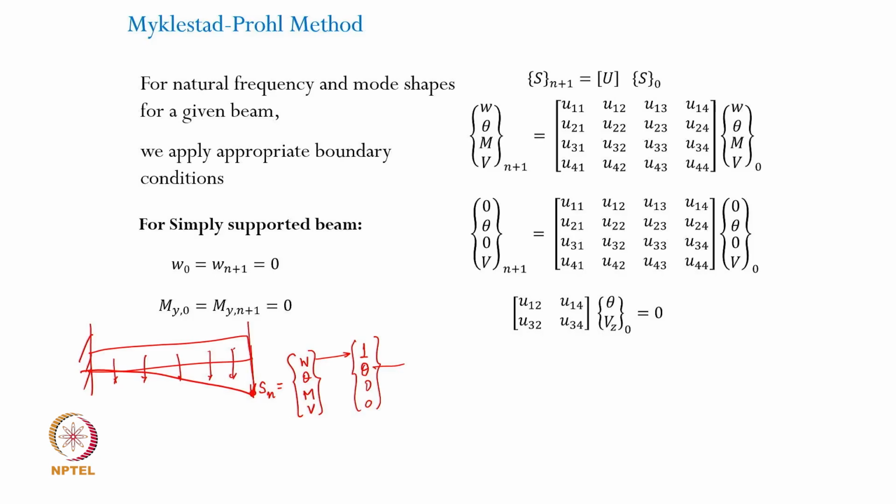So that's what this transfer matrix method is all about, and it gives you a glimpse of how we can use this method for evaluating the main vibration characteristics. You can of course use this method for forced vibration response also, which you can read on your own.